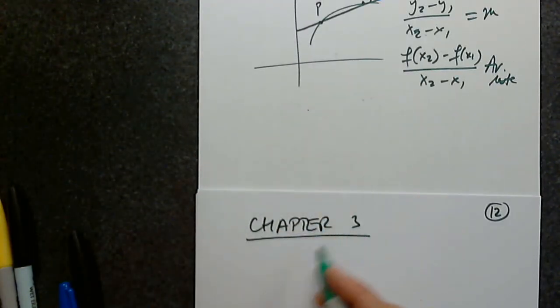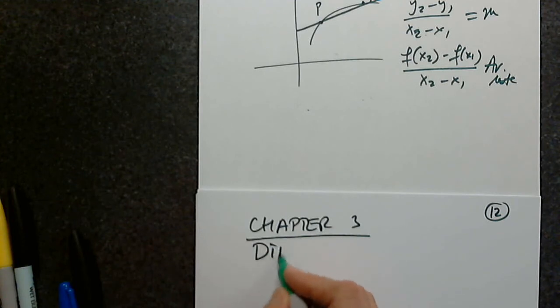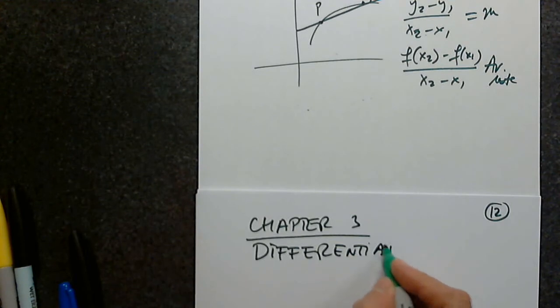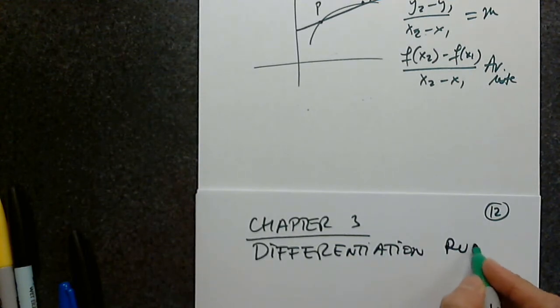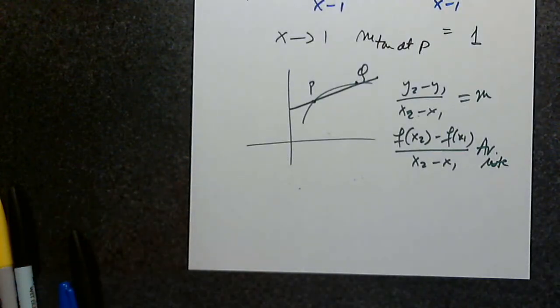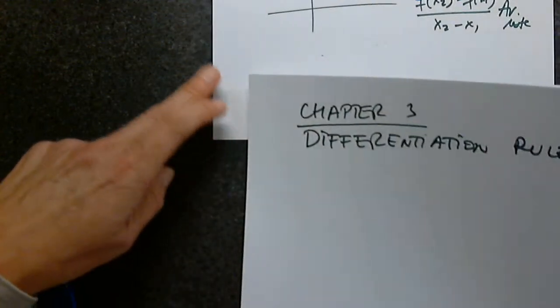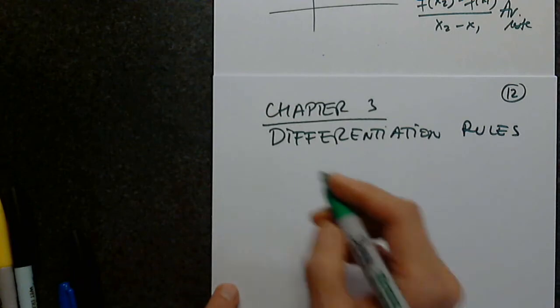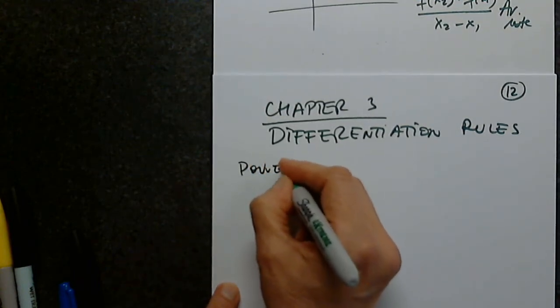Chapter 3 deals with differentiation rules. The first one that we are going to look at is called the power rule.